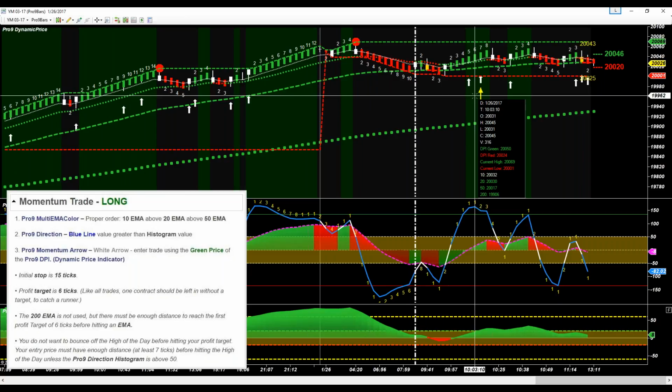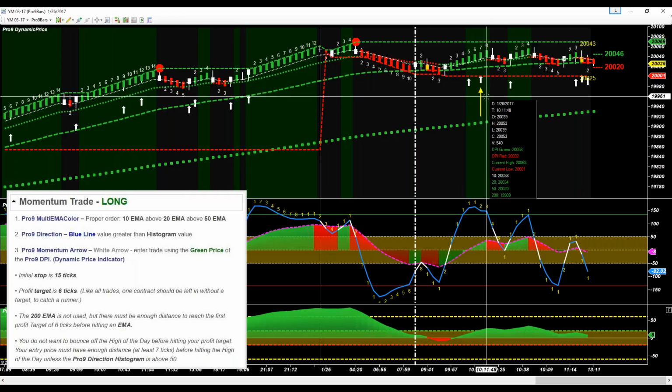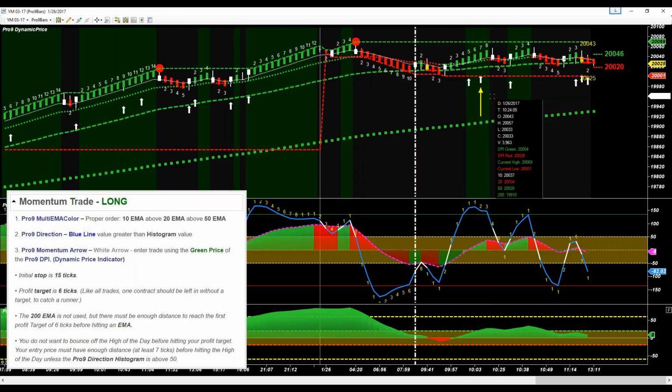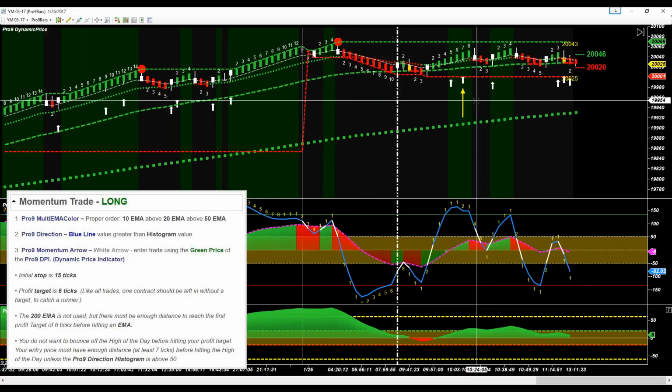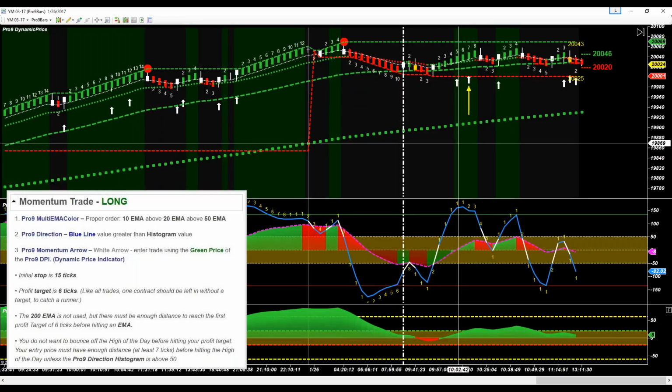So our entry price will always be one of our DPI prices. In this case, the entry price would have been 250. Whoops, and the high of this bar, 257. So that one actually would have hit profit target, as we would have traded through our profit target, which will happen.